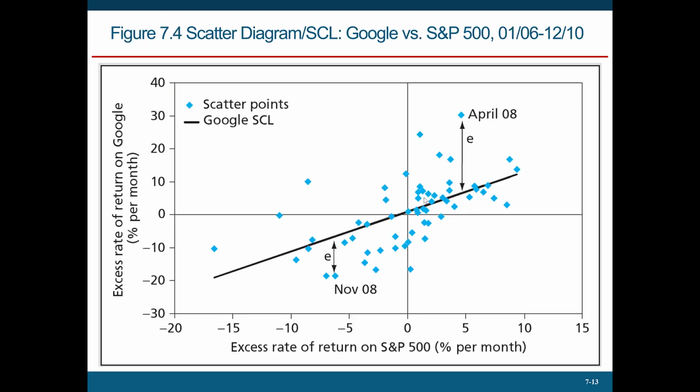Okay. This is the beta estimation. So what you see on this diagram is an example of how we can estimate the beta for a stock, in this case Google.